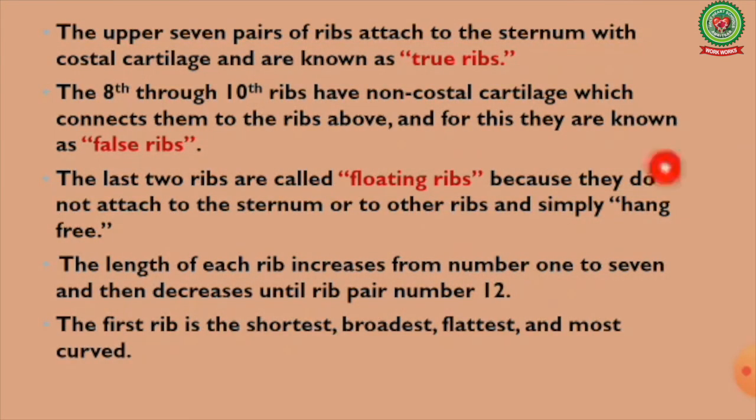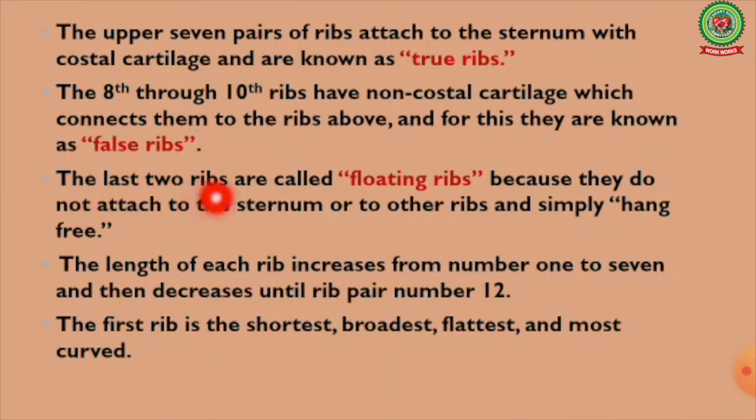The upper 7 pairs of ribs attached to the sternum with costal cartilage are known as true ribs. The 8th through 10th ribs are connected by non-costal cartilage to the ribs above, and for this they are known as false ribs.